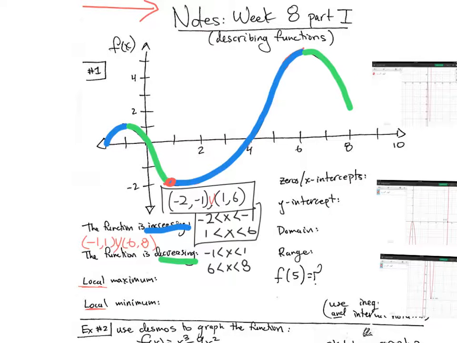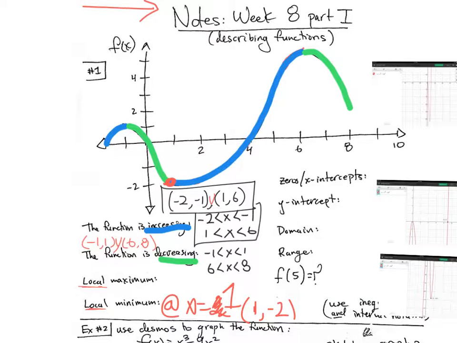So for our local minimum, that would be at x equals 1. We could also list the coordinates of the point. The local minimum is at x equals 1 and y equals -2.